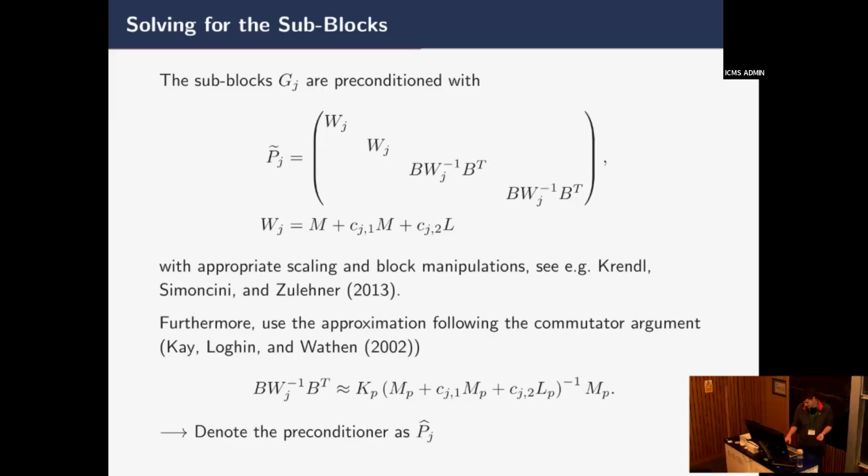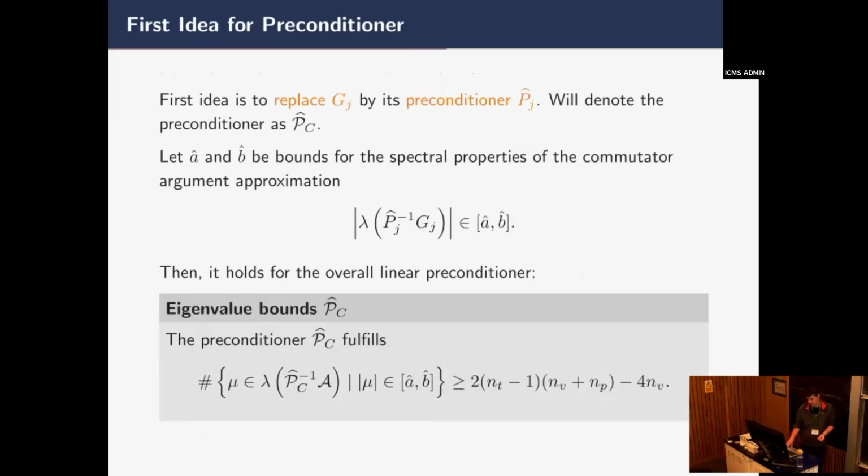So we had a first idea for the preconditioner. Instead of applying the inverse of the GJs, we already have a good approximation, which is given by PJ hat. So why not just replace all the GJs with PJ hats? That is denoted by PC hat.